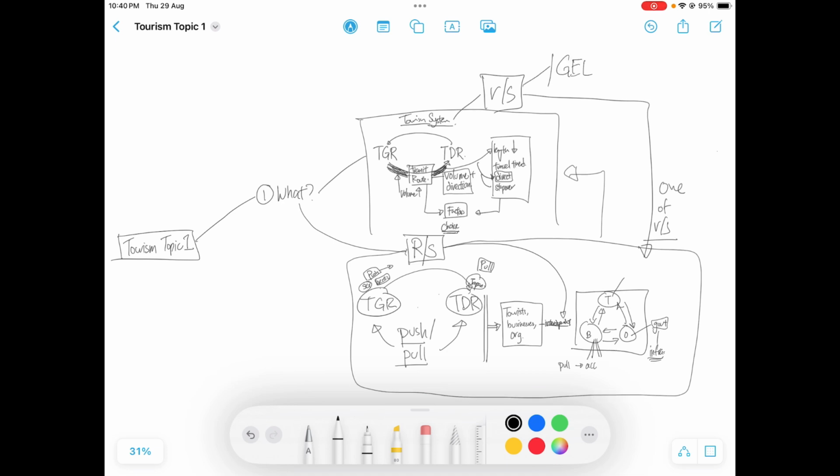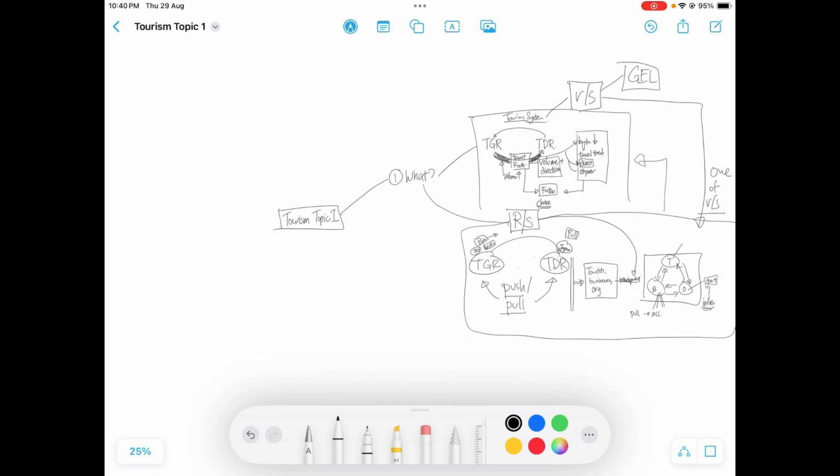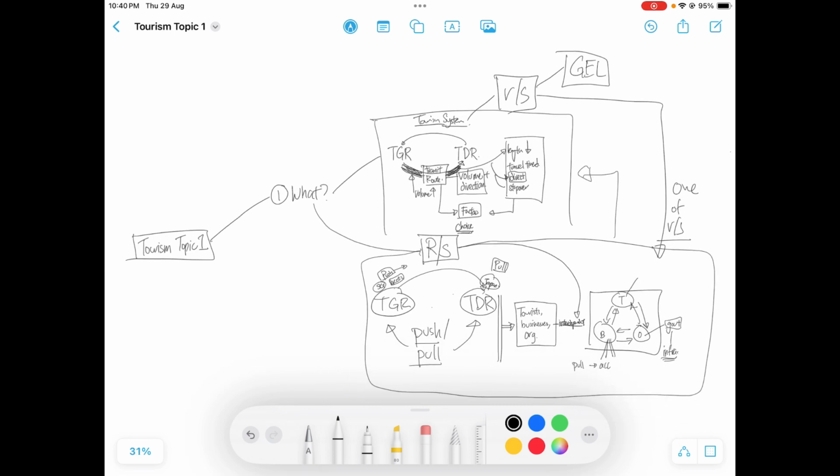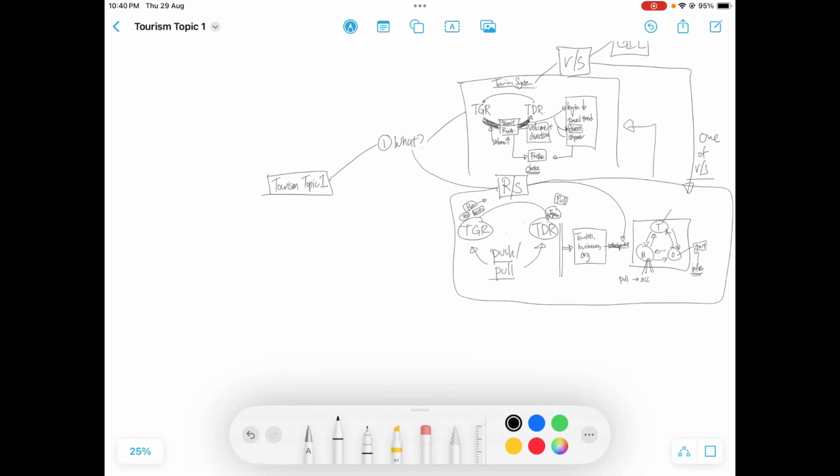The key idea over here is about relationship. In GEL the relationship was between people and nature. The relationship here is between tourist generating region and tourist destination region. So that's that. Let's move on.